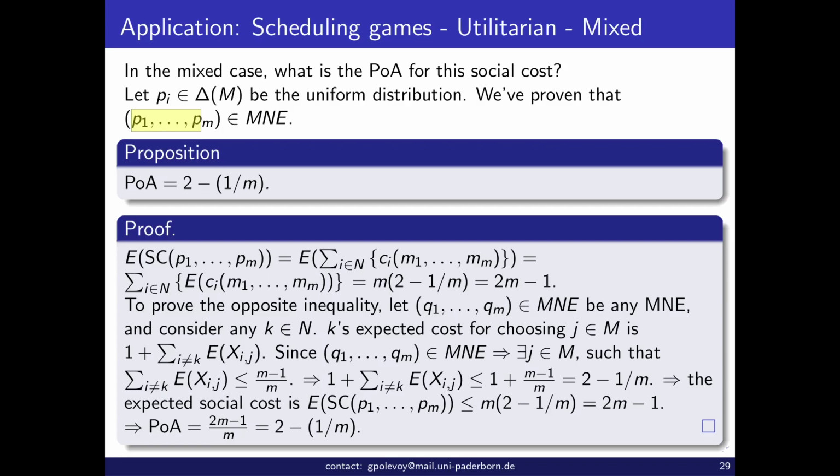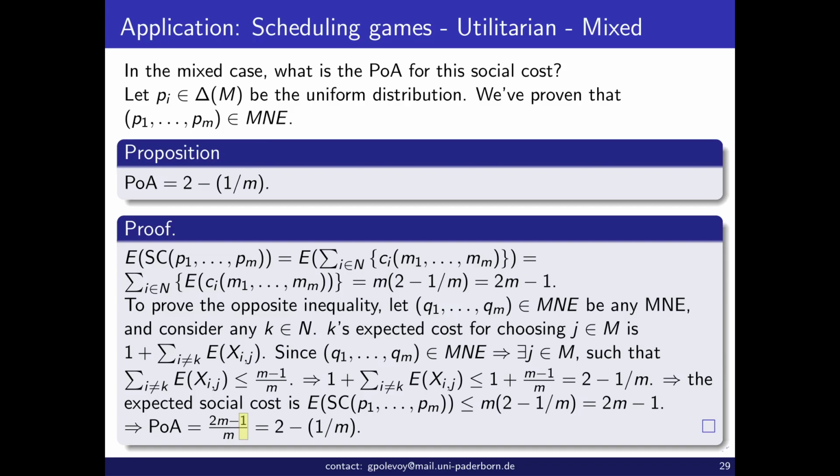And the ratio of this worse equilibrium, which we now have proven to be worse, to the optimum social cost, m, is 2 minus 1 over m, and that's the price of anarchy.